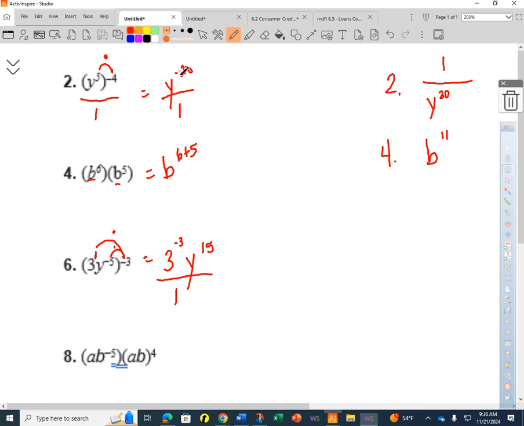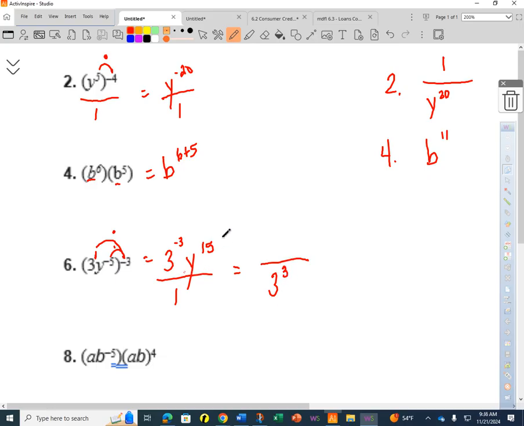When we had this negative, we moved it to the bottom and made it positive, right? So what are we going to do with this negative? Where are we going to move it to? And is it going to be positive or negative 3? Yep. So remember, once we move it, it becomes a positive. The whole point of moving it is to make it positive. All right, so that's going to be a positive 3.